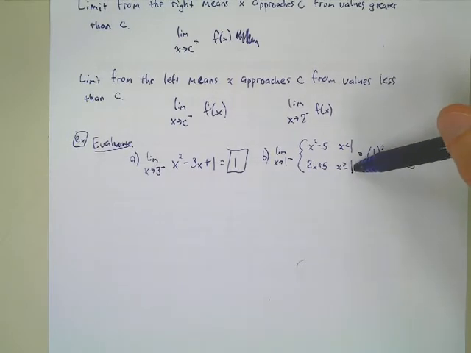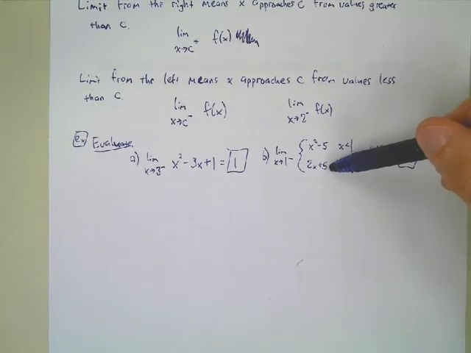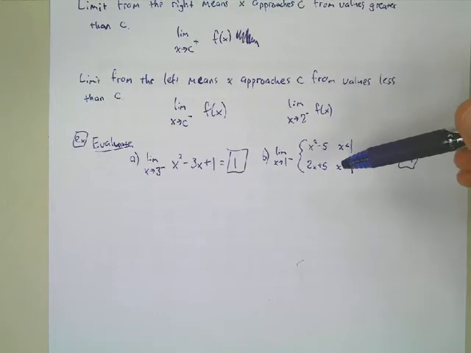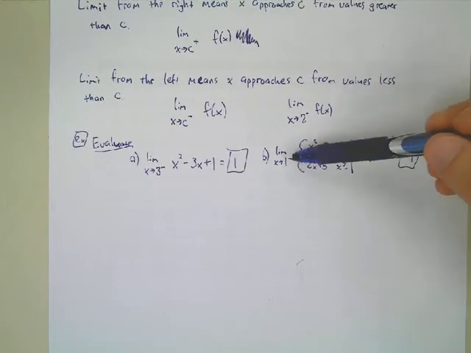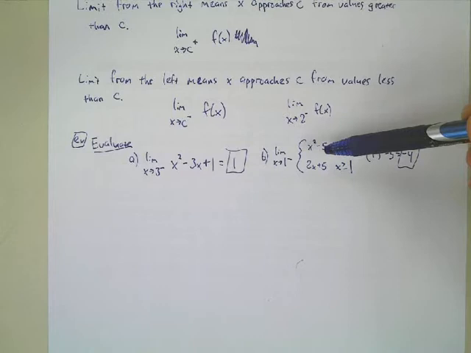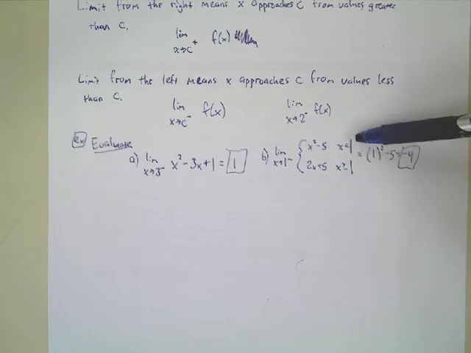If we were actually evaluating f of 1, if I wanted to find the exact value of the function at 1, I would use this bottom piece. But I'm not trying to find the exact value of the function at 1. I am approaching 1 from the left-hand side, which means I need to approach from values less than 1. Where do I go for values less than 1? This top part.